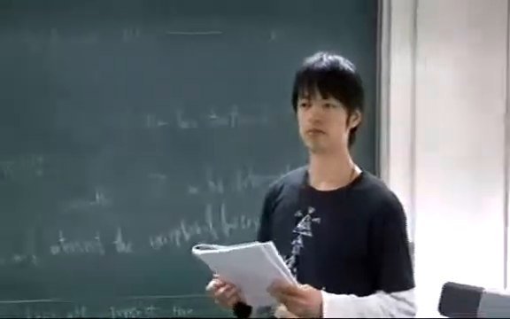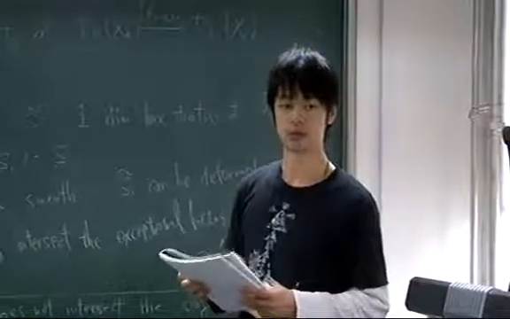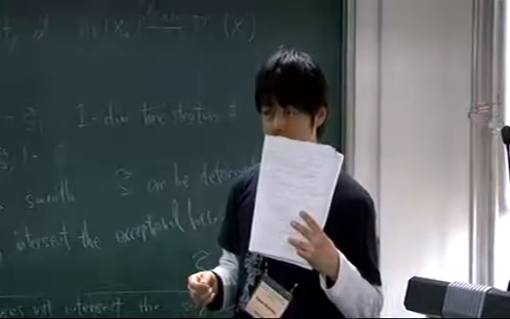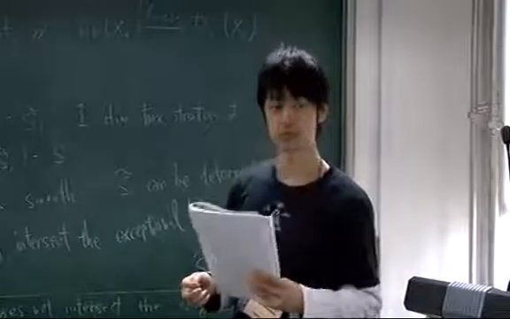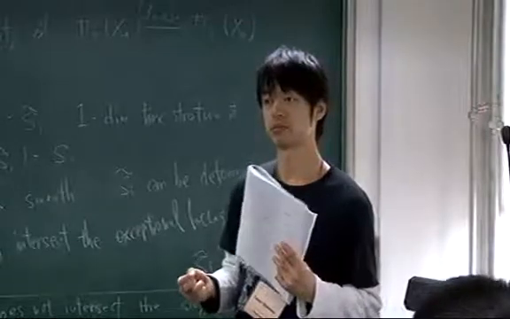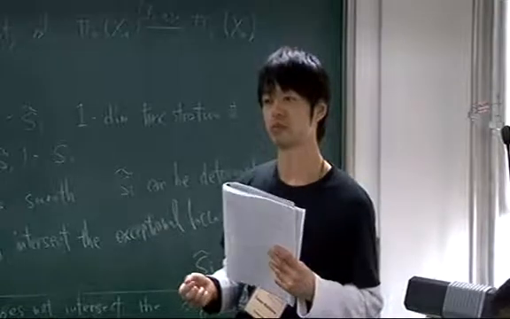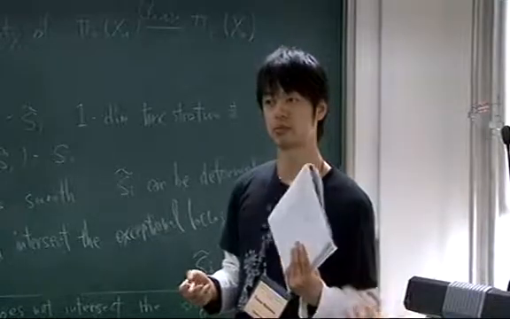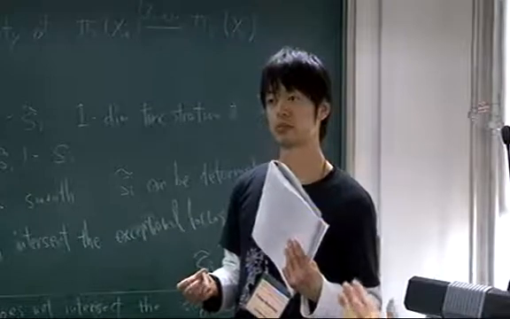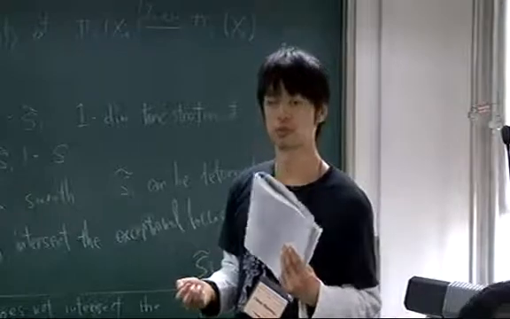So pi 2 can't really see the singularity. But if you think of pi 4, higher things might intersect this singularity, which is complex codimension 2. So that's why, even though you take a resolution, by generic perturbation it still intersects this exceptional locus.